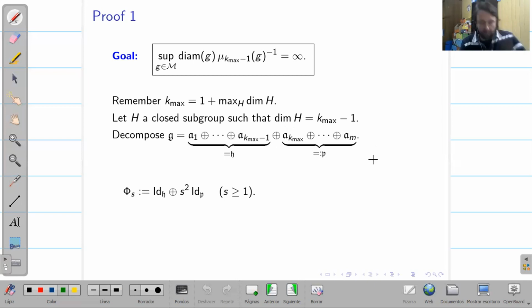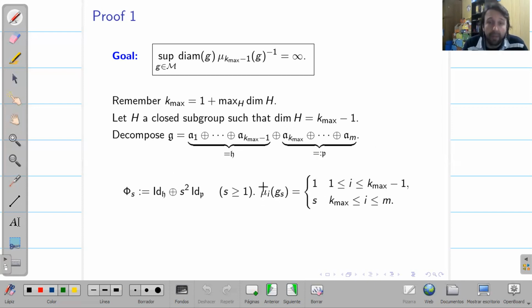And now we will pick this positive definite symmetric endomorphism of G. Now that it's pretty simple, right? It has eigenvalues 1 here, because it's identity here, and it has eigenvalue s squared here, right?